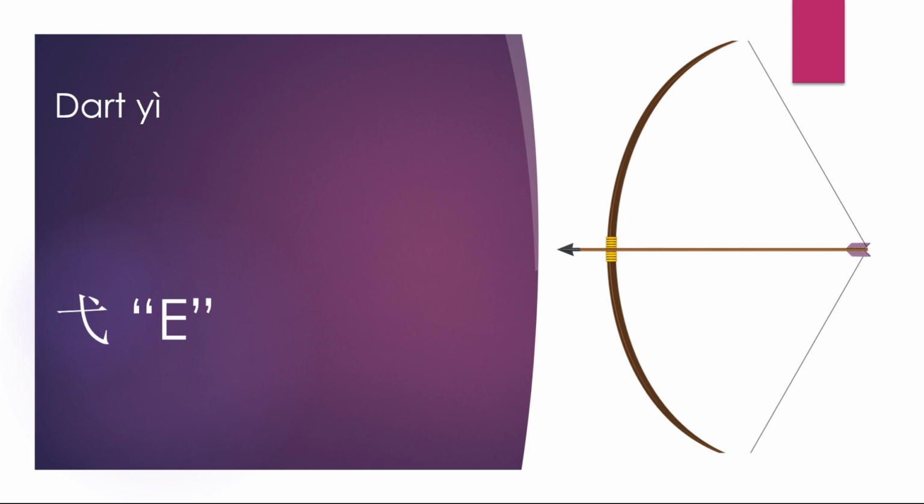Okay, now that we are getting into a few more words, let's see what we have here. This is dart. I've looked into this dart, but dart doesn't seem to be a very intuitive word that we use in English, but it is not related to some kind of arrow and bow. The reason why I put dart here is that a dart is treated as some kind of arrow-like weapon.